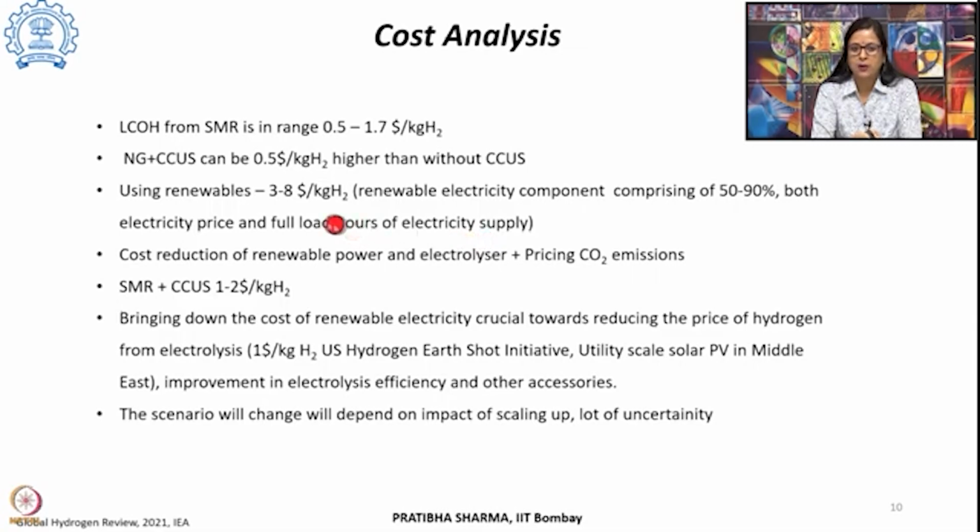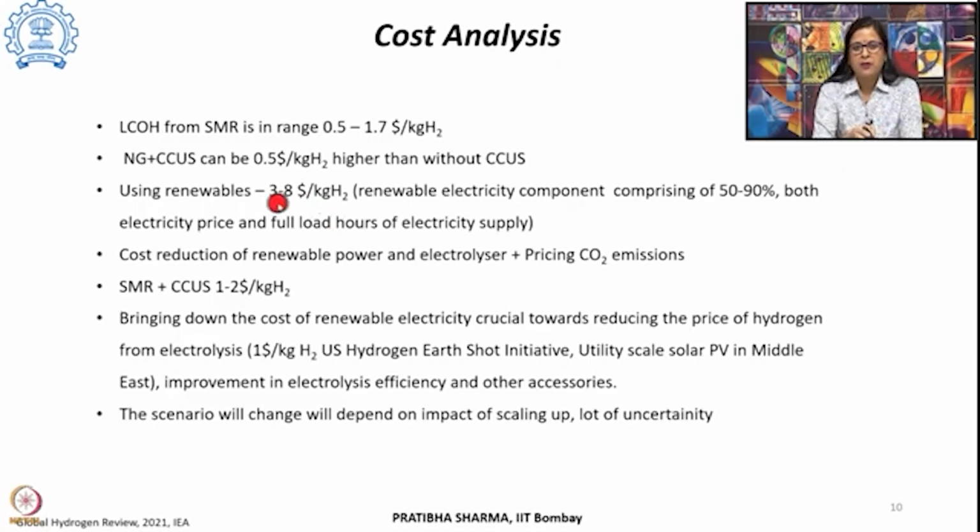Now, there is a requirement of reducing this cost from $3 to $8 so that it can become comparable with fossil fuel based hydrogen production. This cost reduction can come only when the price of the renewable power or the cost of the electrolyzer comes down, and it is expected that with economies of scale, with more deployment of renewables, the renewable power cost will come down.